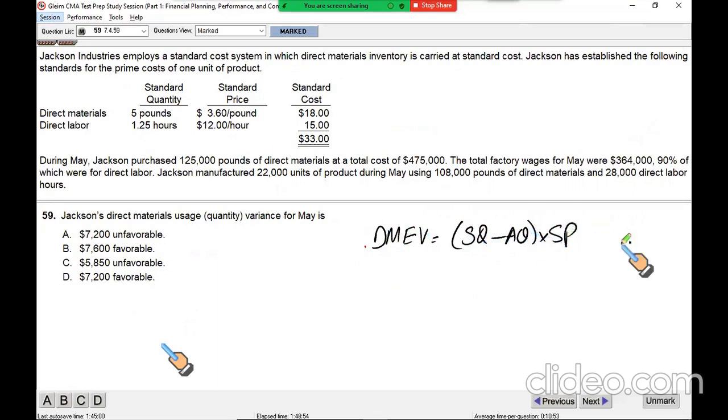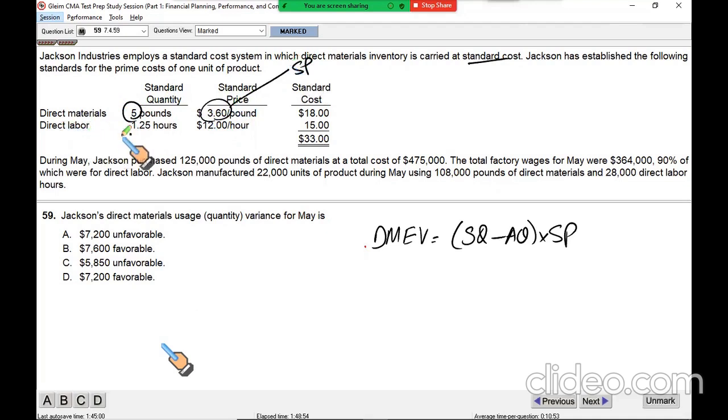We just need to find these three things. Let's read the information. Remember, it is for material only. Jackson Industries employs a standard cost system in which direct material inventory is carried at standard cost. Jackson has established the following standards for the prime cost of 1 unit of product. Direct material, we use 5 pounds for each unit. The standard price of direct material is 3.6. That's what we need.